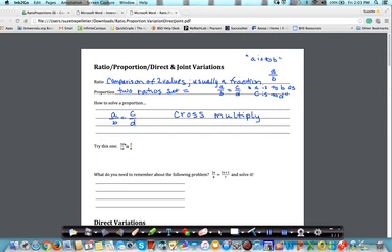If we are to cross multiply, you take the numerator of one, multiply by the denominator of the other. 3x times 8 is going to be equal to, and then again, numerator of one times denominator of the other. You just make sure that you cross them. 16 times 3. So 3x times 8 is 24x. And 16 times 3 is 48. And then to get x by itself, we're going to divide both sides by 24. And so we get x equals 2.